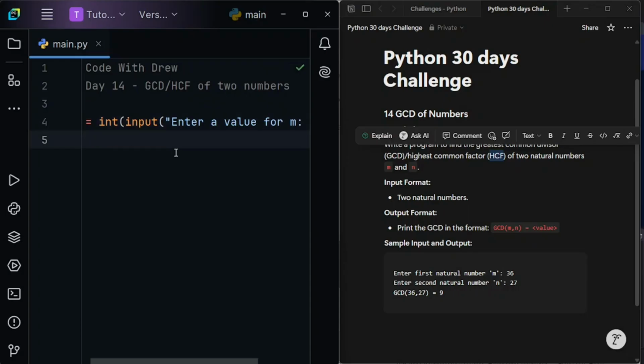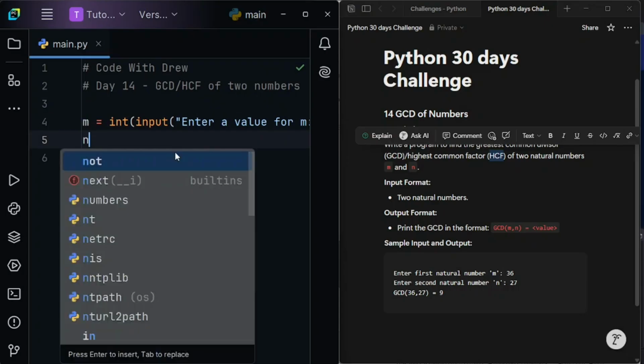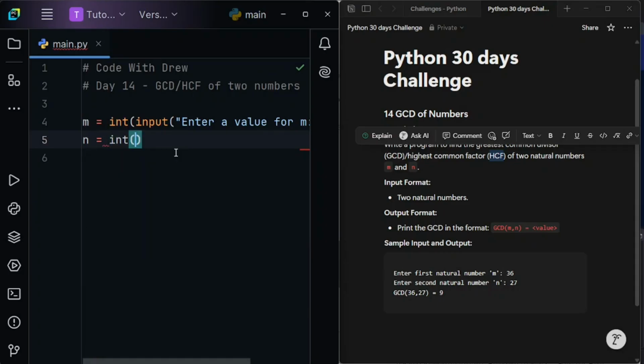Then after that, n is equal to int input, then enter a value for n.